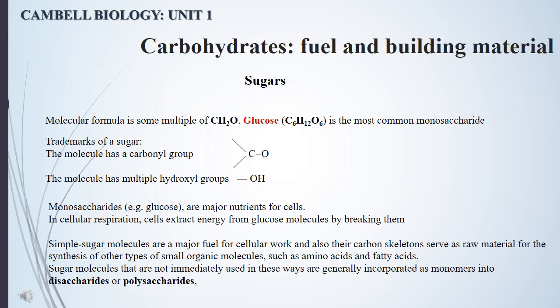Now, the sugar molecules can be immediately used, but if they're not, they can generally be incorporated as disaccharides or polysaccharides, which are polymers of monomeric sugars.